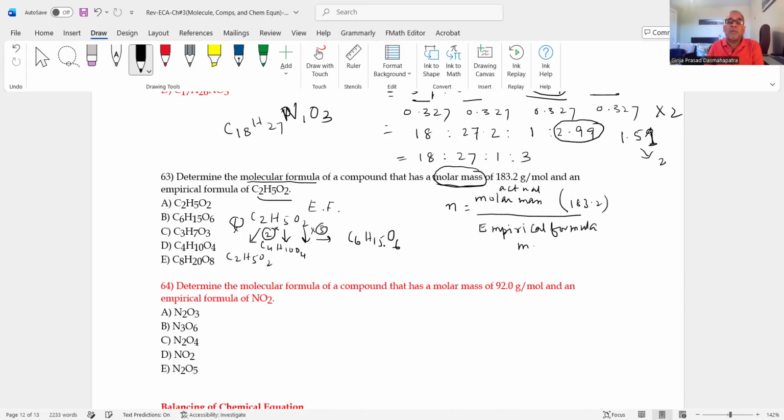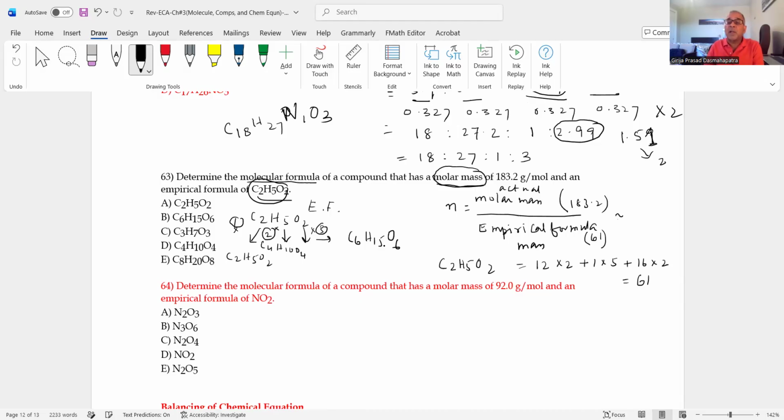Find out the mass based on the empirical formula, that is called empirical formula mass. So what do you do? Based on the empirical formula, you find out the mass. So 2 carbon, 12 into 2, 5 hydrogen, 1 into 5, because the atomic mass of hydrogen is 1, oxygen 16 into 2. So find out how much it is. This one will be approximately 24 plus 5 plus 32. It will be 61. So the empirical formula mass is 61.